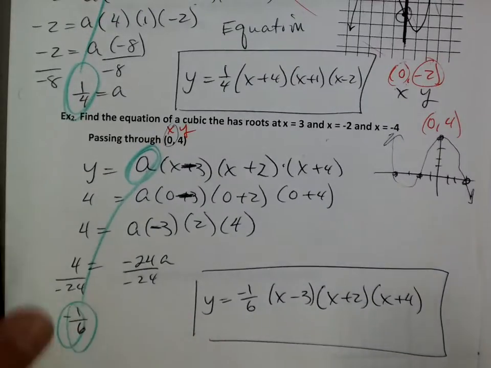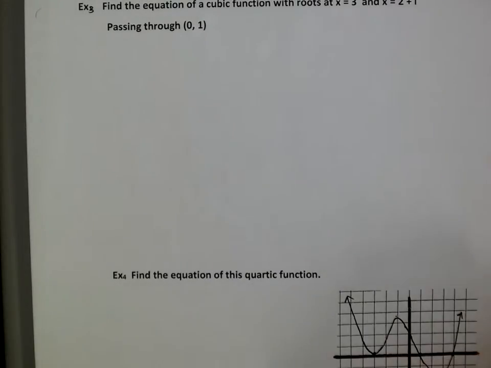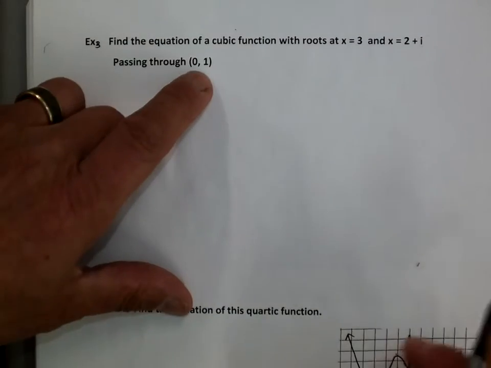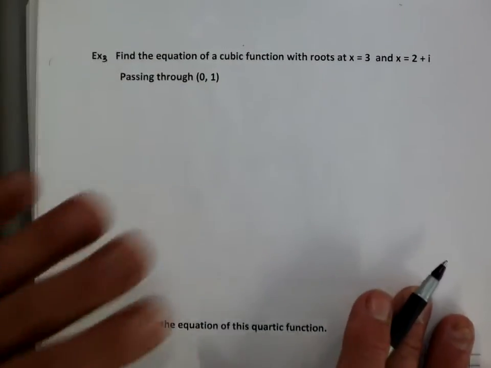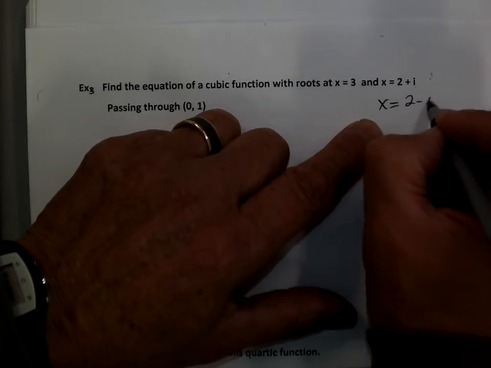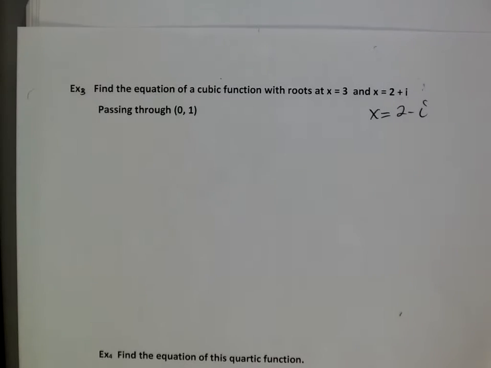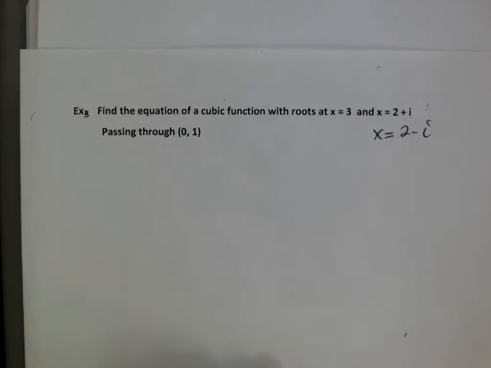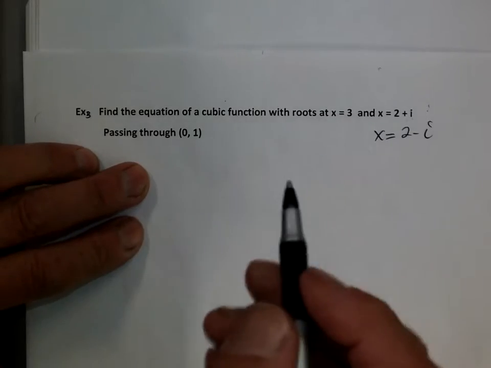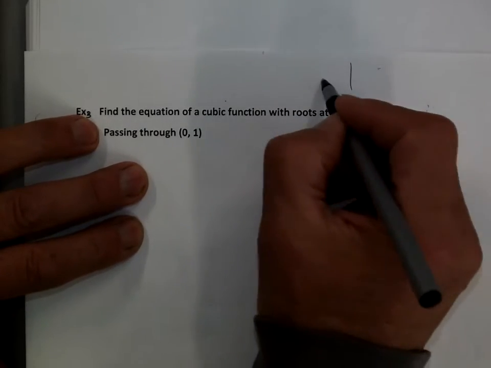Okay? Second page, example 2. Say right now we get this 2 plus i passing through 0, 2. Well, here's what I know. I know that these come in pairs, 2 minus i. And what else do I know? I'm probably going to have some kind of problem that looks like this.